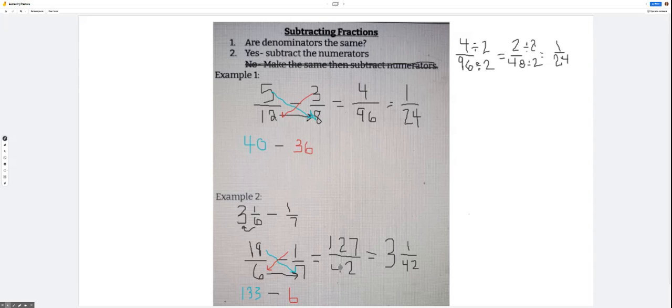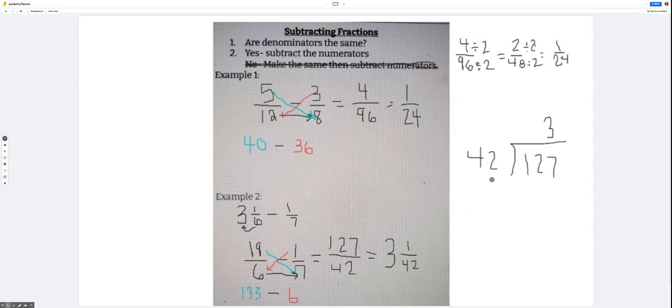So if we're turning an improper fraction into a mixed number, we can do that by solving a division problem. So we're going to do 127 divided by 42. And you should see here that you cannot get any groups of 42 out of 1. You cannot get any groups of 42 out of 12. So you're really dividing 127 by 42. And if you do that, you get 3 whole groups.